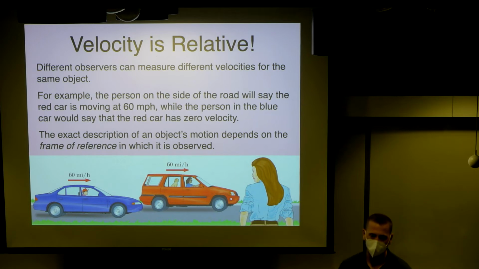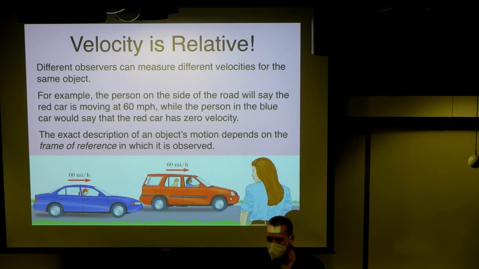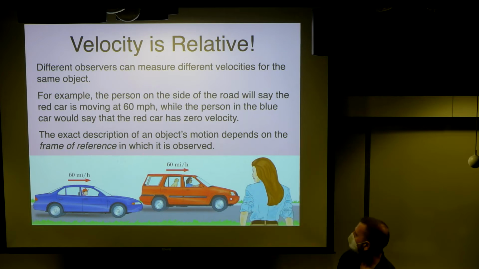So again, this is just another example of how velocity is relative. And if you want to say something specific about velocity, an object is moving this fast in this direction, what you need is something called a frame of reference. We didn't really explicitly say this yet, but you need a frame of reference. Okay, so let's now talk about what a frame of reference really is and how it comes into play.